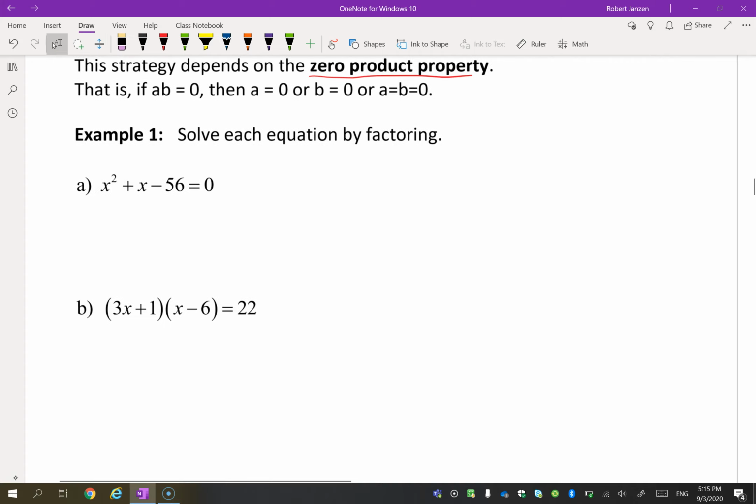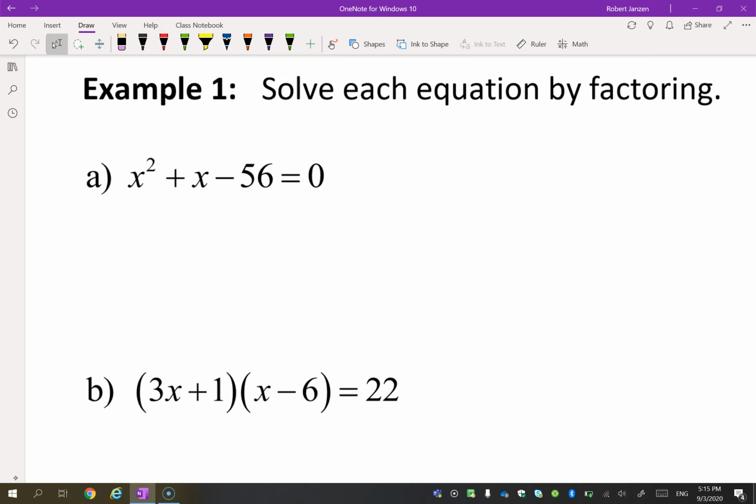So how do we use that? We're supposed to come up with x equals something. Here it would be hard to isolate the x because there's an x squared and also an x. So we're going to use factoring. We can factor this trinomial to x plus 8 and x minus 7.